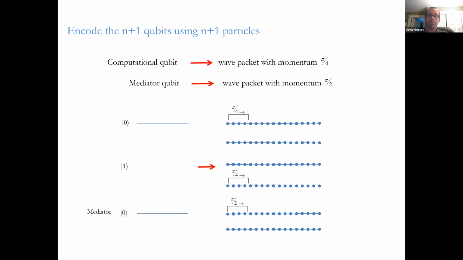Like I said before, we're going to encode these qubits using wave packets. If we had 3 qubits here, one of which is the mediator, we have now 6 paths because we have a top and bottom rail for each qubit. These data qubits get encoded with wave packets moving with momentum pi/4, just like in Andrew Childs' scheme. But this mediator qubit gets encoded with a different momentum, pi/2. And we'll see the reason why that is.